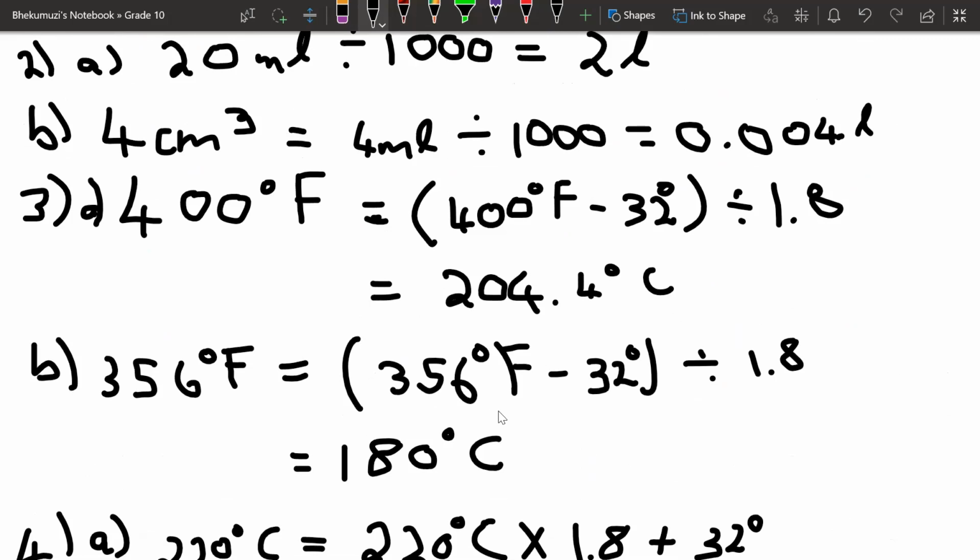So you apply your 400 degrees Fahrenheit minus 32 degrees, divided by 1.8, and that gives you 204.4 degrees Celsius, right? So 400 degrees Fahrenheit is 204.4 degrees Celsius.